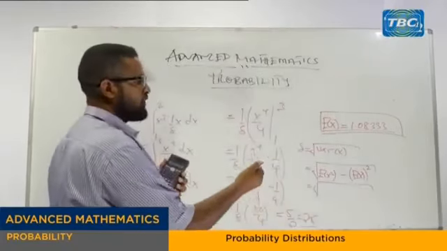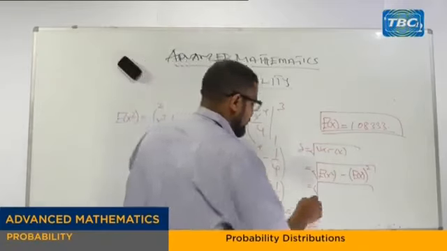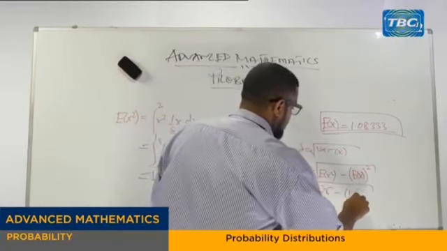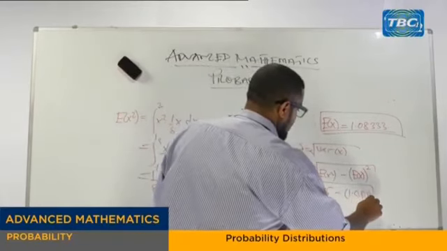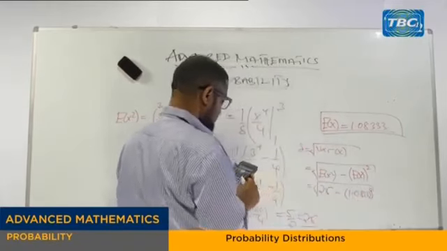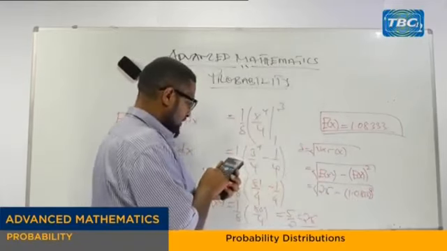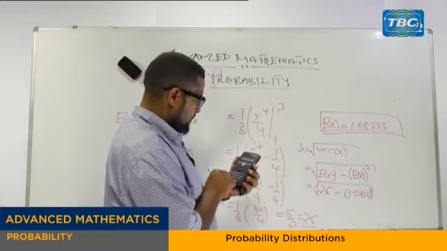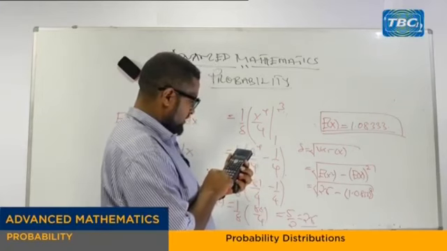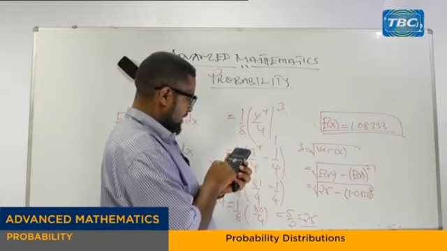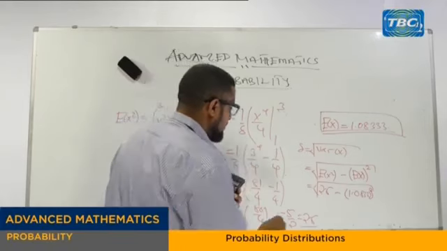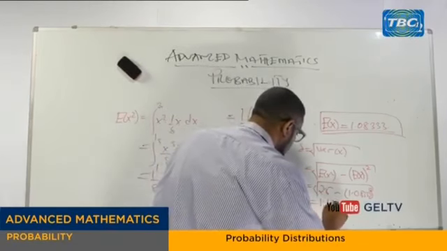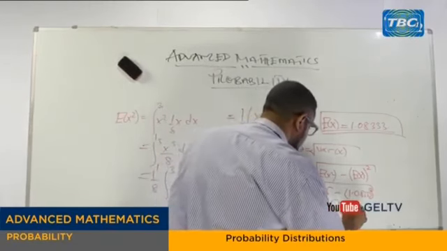Nice time to substitute them and then simplify. So here it is 2.5 minus 1.08333 squared. So use your calculator again: 2.5 minus 1.08333 squared. The value here of the standard deviation is 1.15169.